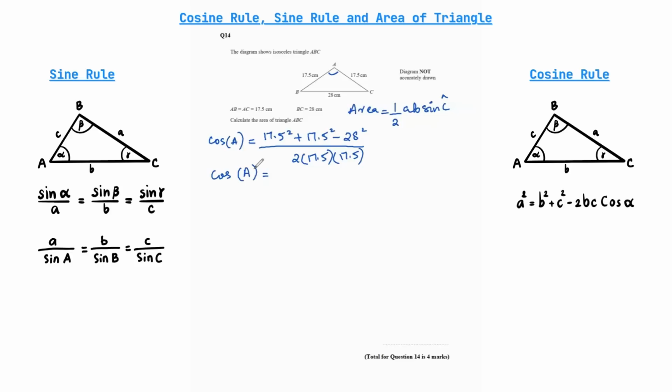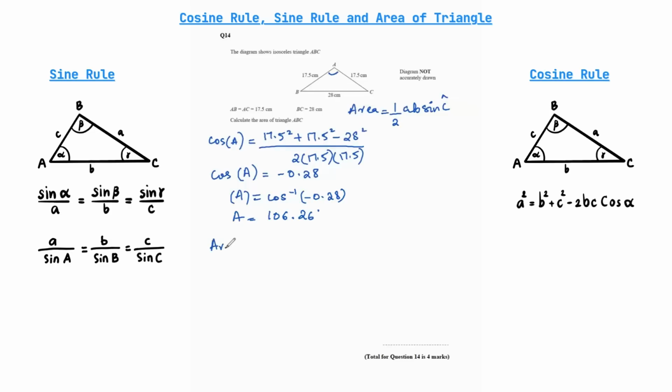Okay, so that's going to be negative 0.28. So angle A is going to be cos inverse of negative 0.28, which is going to give us 106.26 degrees. Now that we have the angle, we're going to use the area rule.